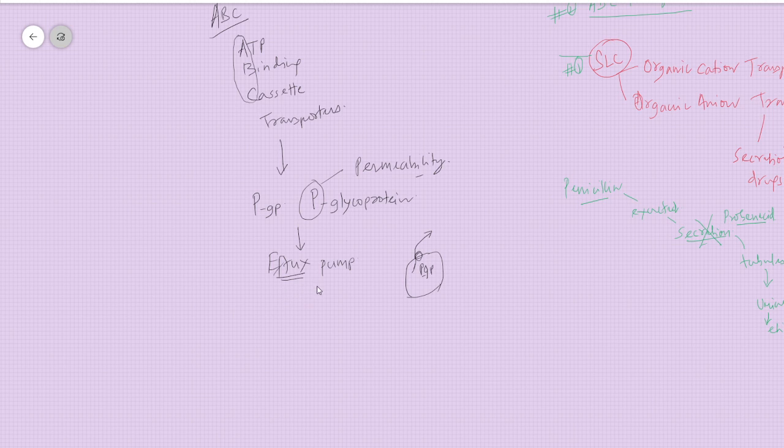It pumps out. It is especially important for anti-cancer drugs. Suppose a patient is given anti-cancer drugs like etoposide or doxorubicin or vinblastine or gefitinib.